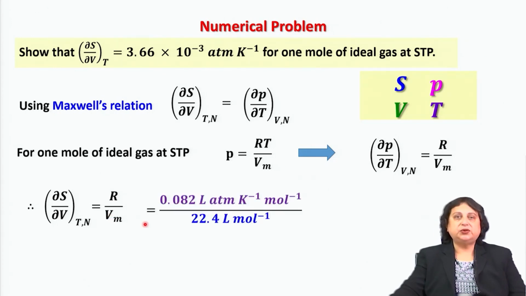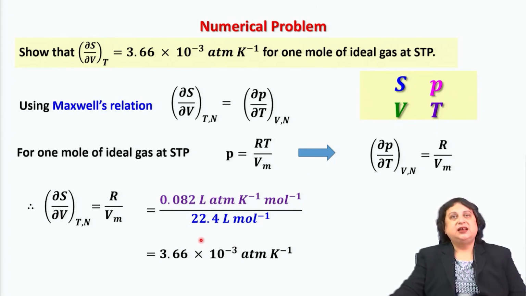Then I can write down the numerical value of R, and we also know that the molar volume of an ideal gas at STP is 22.4 liter per mole. As a result, I find that the numerical value is 3.66 into 10 to the power of minus 3 atmosphere per Kelvin.